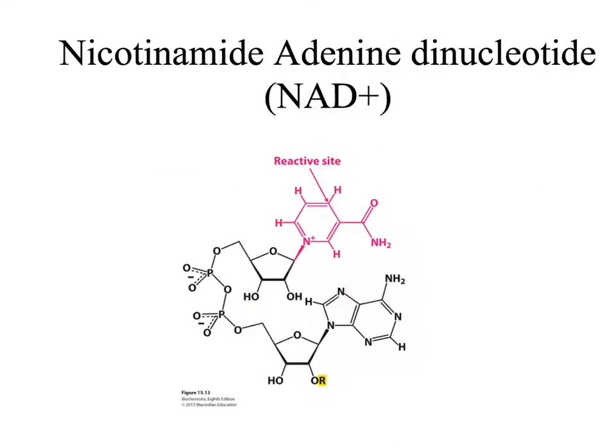Here's the structure of NAD+, nicotinamide adenine dinucleotide. In this structure, the place where the electrons are picked up or transferred is this reactive site here. NAD+ is one of the major electron carrier molecules.